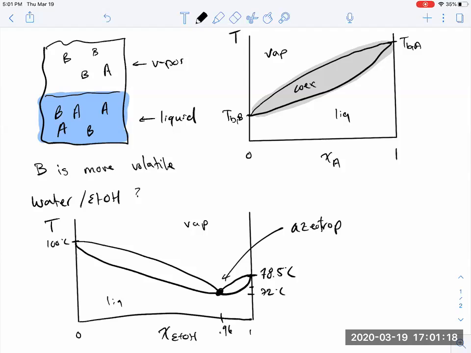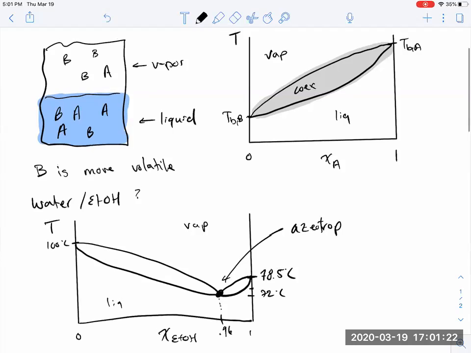A point at which, at exactly this composition, both the liquid and its vapor have the same mole fraction, have the same amounts, relatively speaking, of ethanol and water. A consequence of this was, as we alluded to last time, the fact that you can't distill ethanol beyond that point.